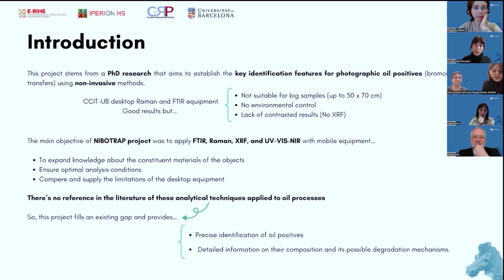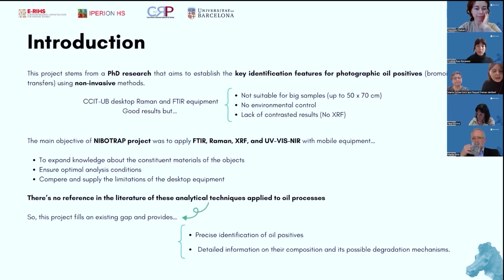On the other hand, we could not regulate the environmental control of the analysis room, and most importantly, we did not have access to X-ray fluorescence equipment suitable for our project. In short, it's for this that the Molab infrastructures facilitate a study that would not have been possible, or at least not with expected results.